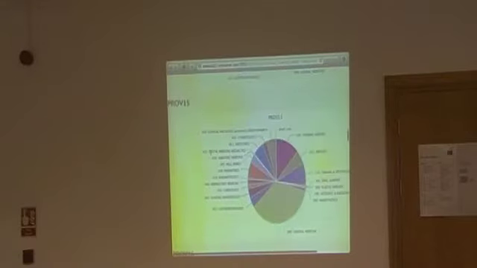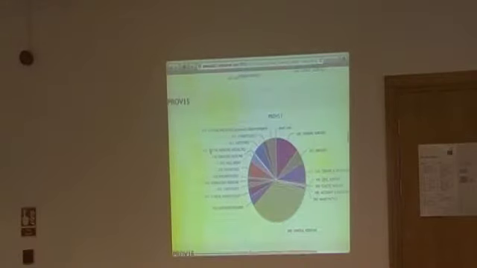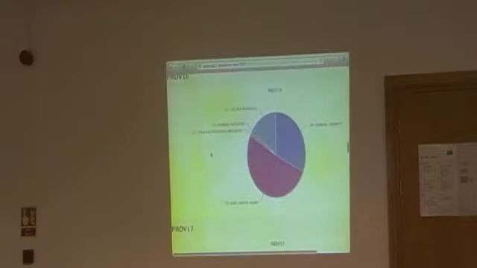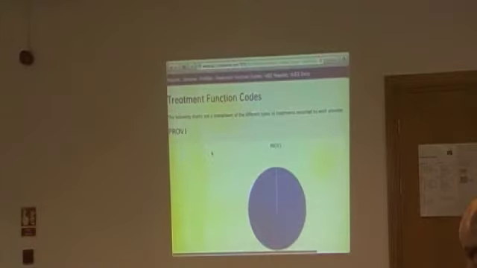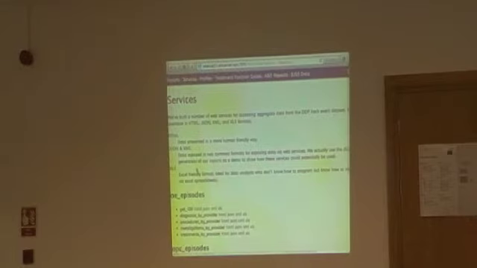Provider 12, quite general. Provider 16 seems to be associated with mental health, so that can explain data differences. All these graphs are taken from data which we've published in open formats.